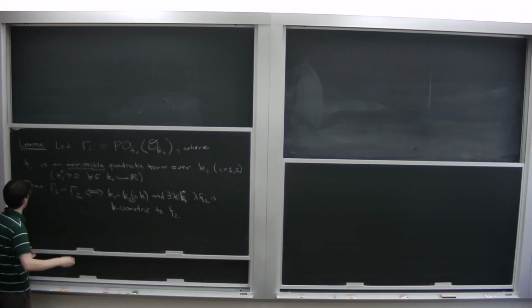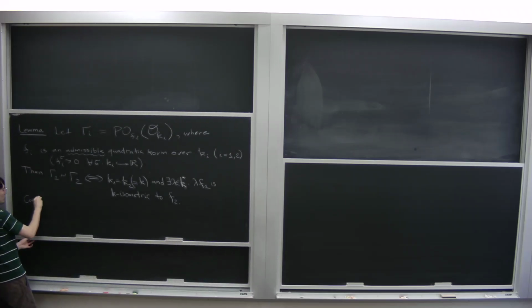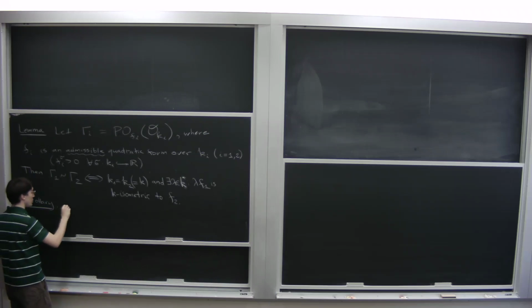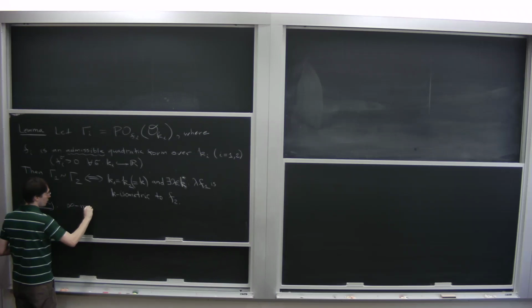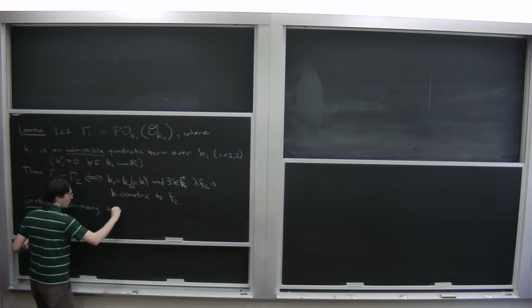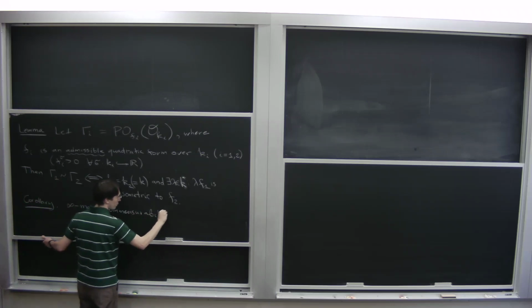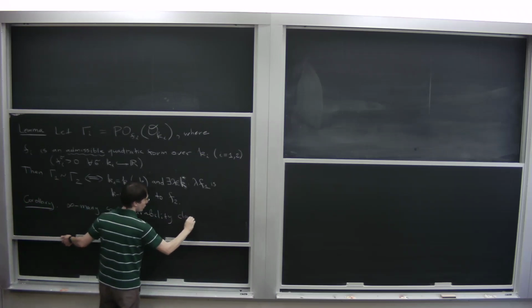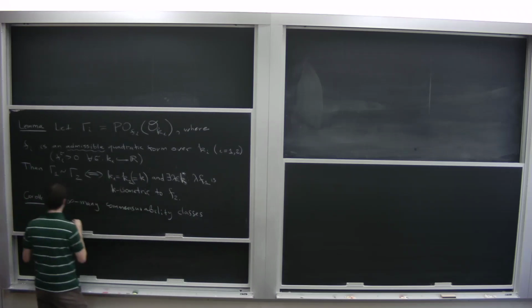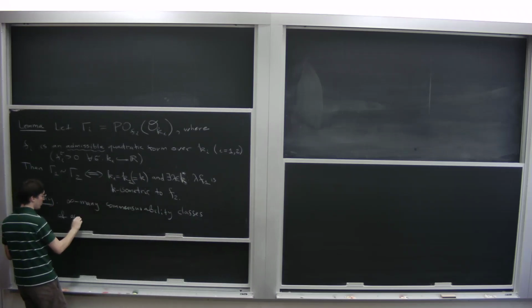Okay, so just as a corollary, we have the following consequence of this: infinitely many commensurability classes of arithmetic lattices of simplest type.